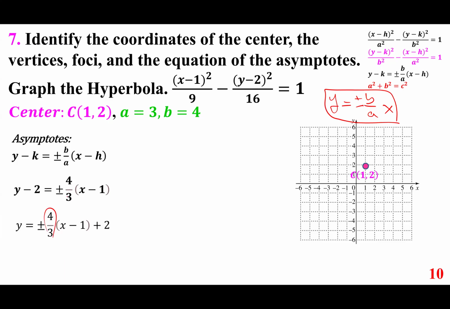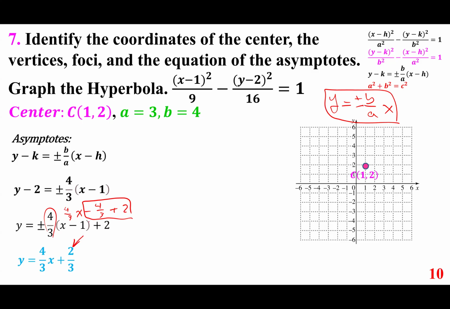First, I'm going to look at 4/3 only. So I have 4/3 x minus 4/3 plus 2. We put these two together and we get 4/3 x plus 2/3, because 2 is 6/3 there, everybody. So obviously, this is the y-intercept. That means 0, 2/3.